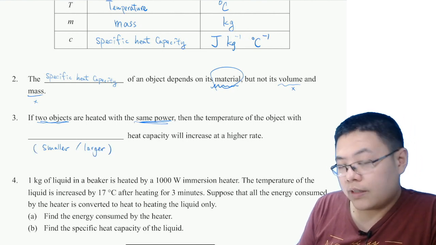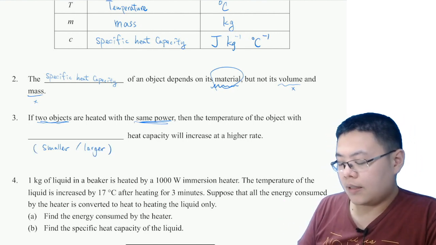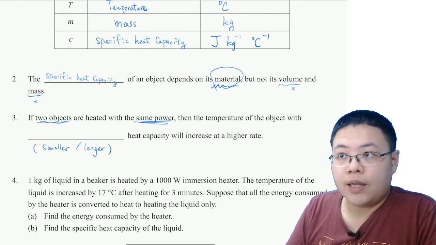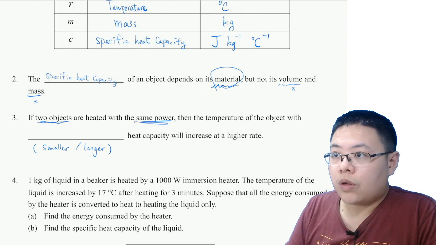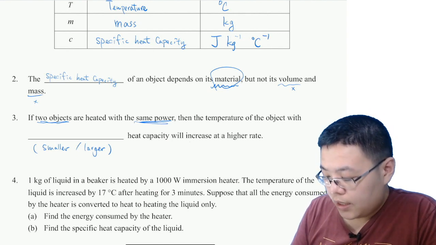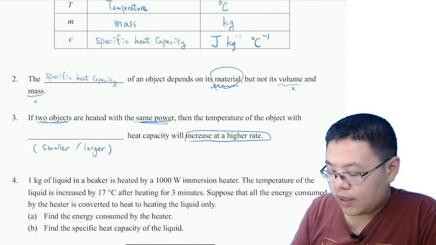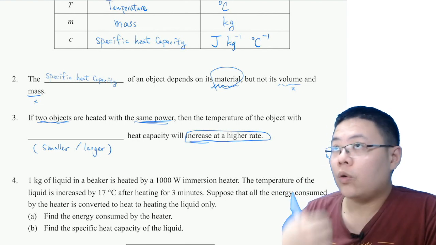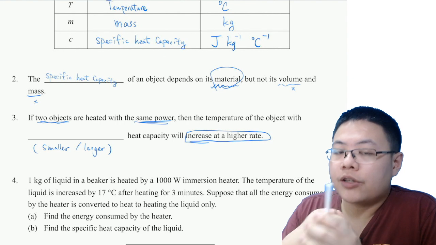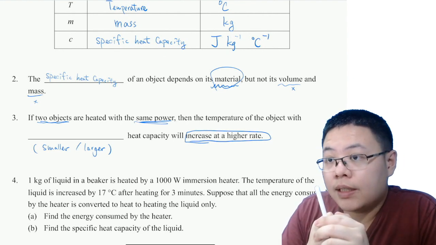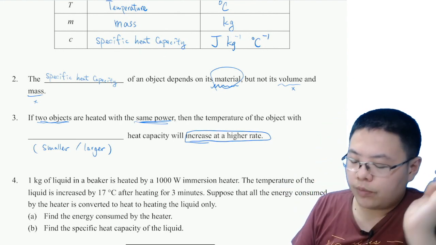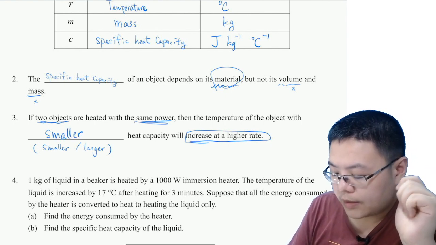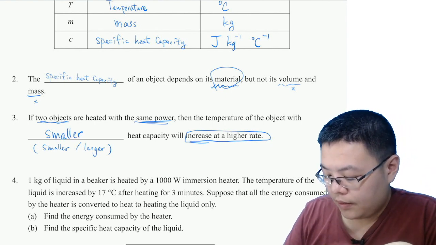Does the object with a smaller or larger specific heat capacity increase the temperature at a higher rate? So it is here increase at a higher rate, so it is easier to heat up. So if specific heat capacity measures how difficult it is, then easier will mean a smaller value. Okay, smaller specific heat capacity.